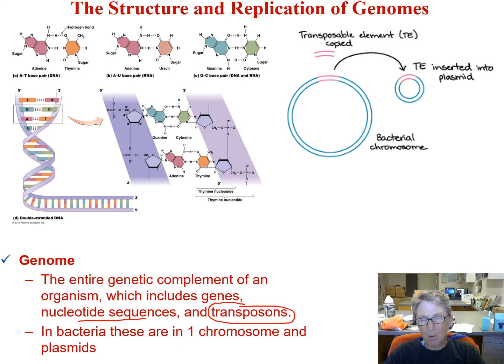In this cartoon, the transposable element shows a bacterial chromosome, which is just a single circular chromosome that's double-stranded, and a piece of that chromosome, this pink stuff, will be inserted into a plasmid. That's called a transposable element.